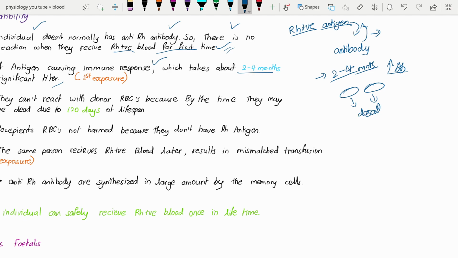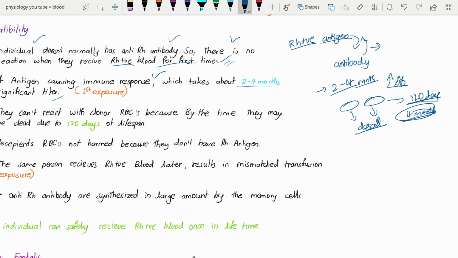Why? Because the normal lifespan of the RBC is around 120 days. You can take it as 4 months, right? So by the time the immune system of the recipient produces a significant titer of antibodies, the RBCs of the donor are dead.